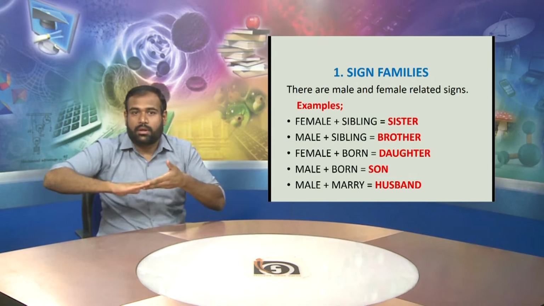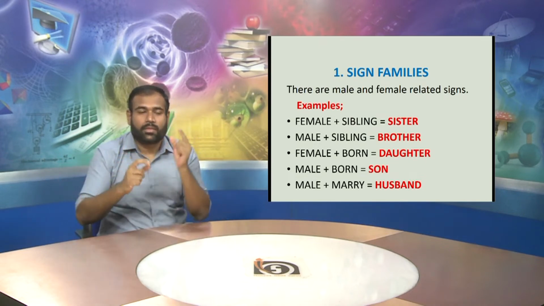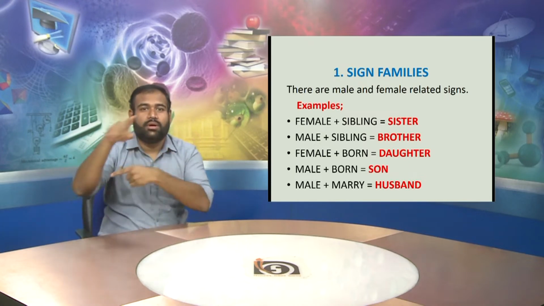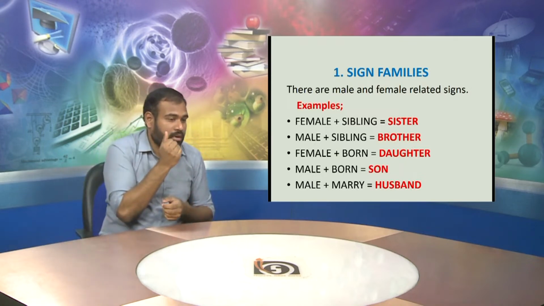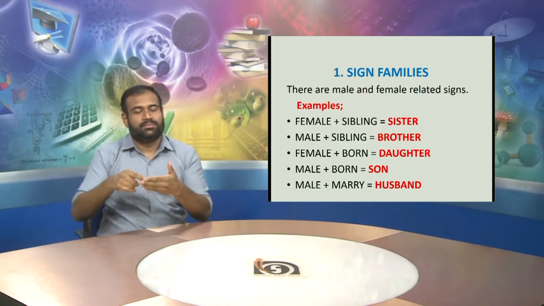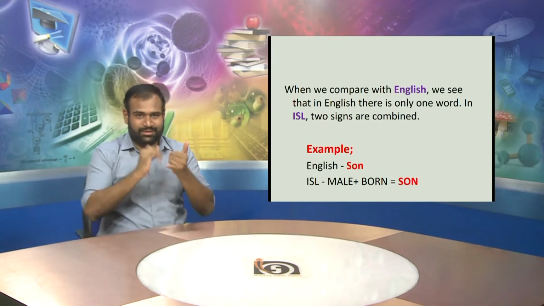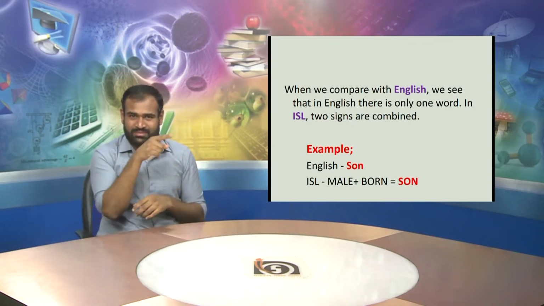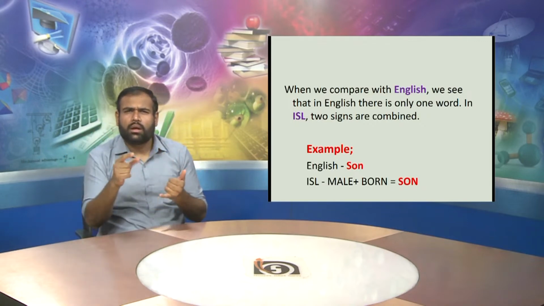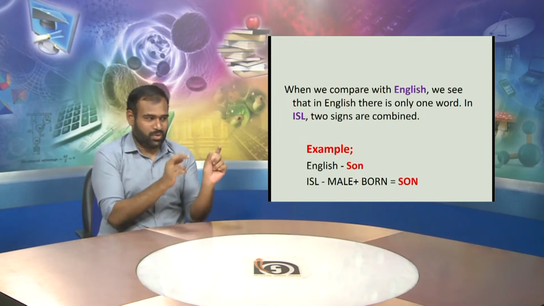Similarly, you can see this new word. If you want to talk about husband, then male plus marry. The male sign you know, and this is the sign for marriage. So a new sign is created, male plus marry. Now, when we compare with the English language, in English there is only one word, and in ISL, two signs are combined together.